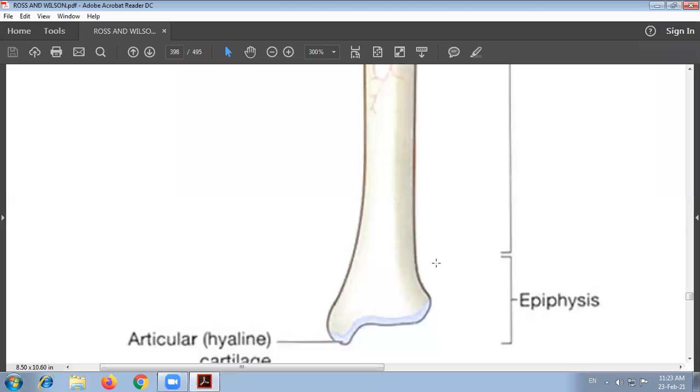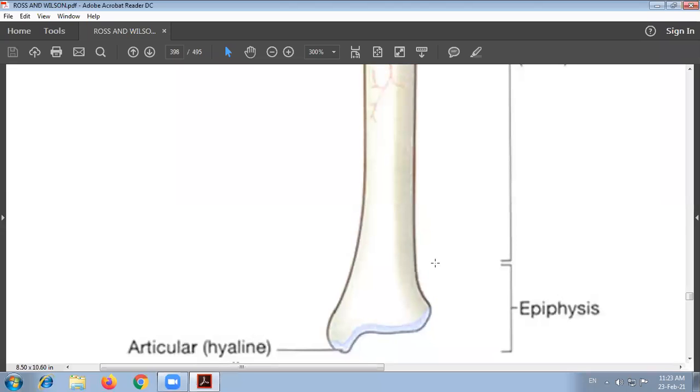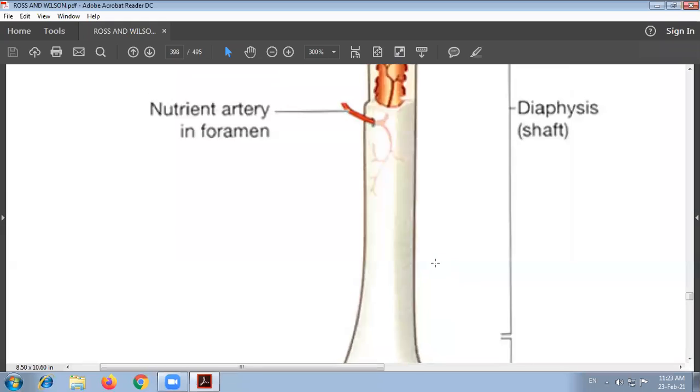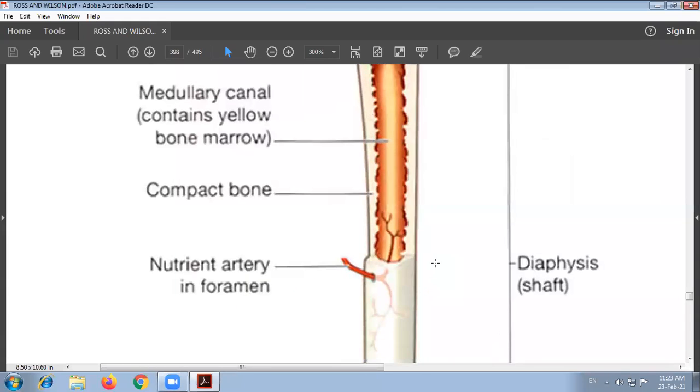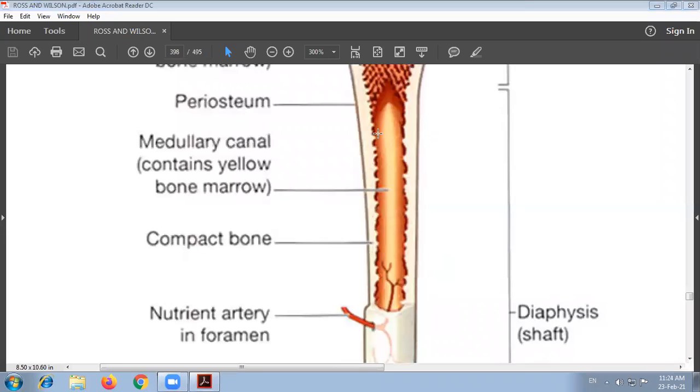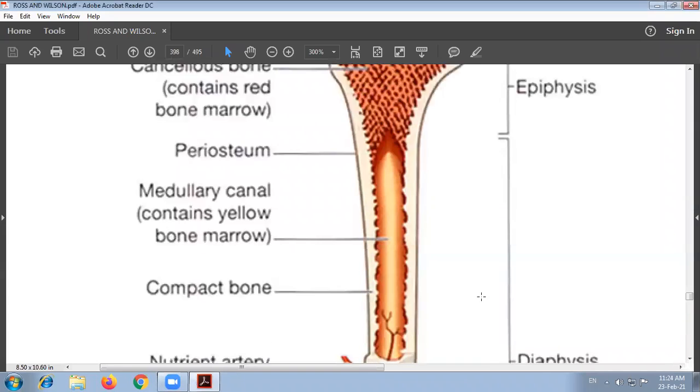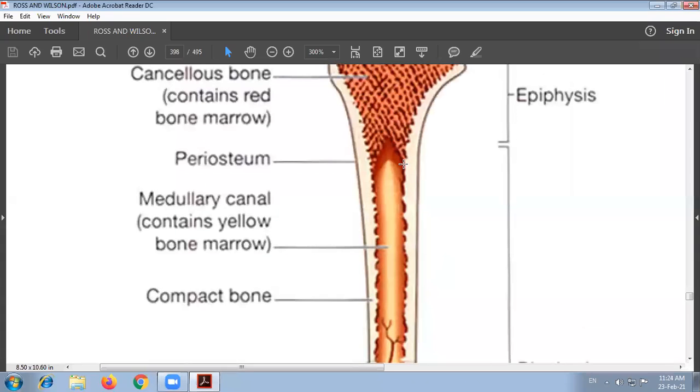So one bone has two epiphyses, that is the ends of the bone, and the middle portion is called the diaphysis.